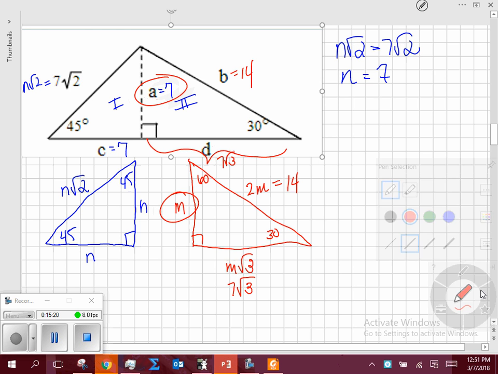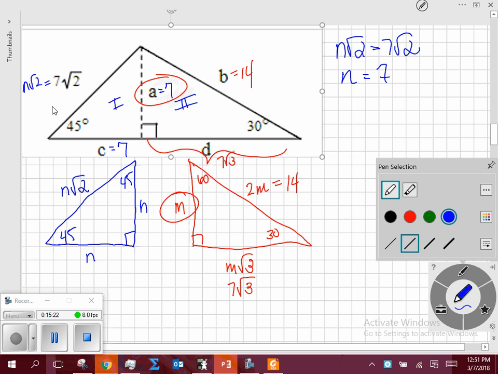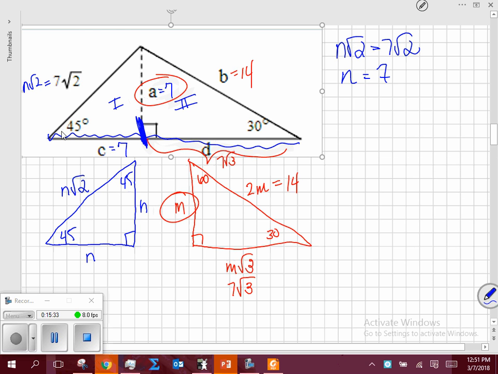A question that they are going to ask eventually is, what is that distance? And we use segment addition, right? We say up to right there. Okay, that segment between those two spots would be 7, correct? And then you're going to add to it this distance here, which was 7 root 3.